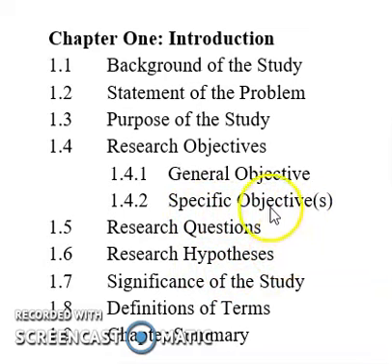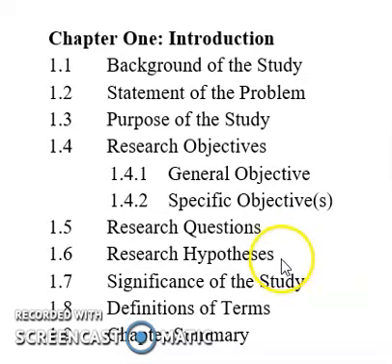Meaning, if your specific objective is A, then your research question also talking about A, and your research hypothesis also talking about A. Example, if I say my objective is to assess the effectiveness of treatment A towards disease B, then my research question would say, is treatment A effective in order to manage disease B, something like that.